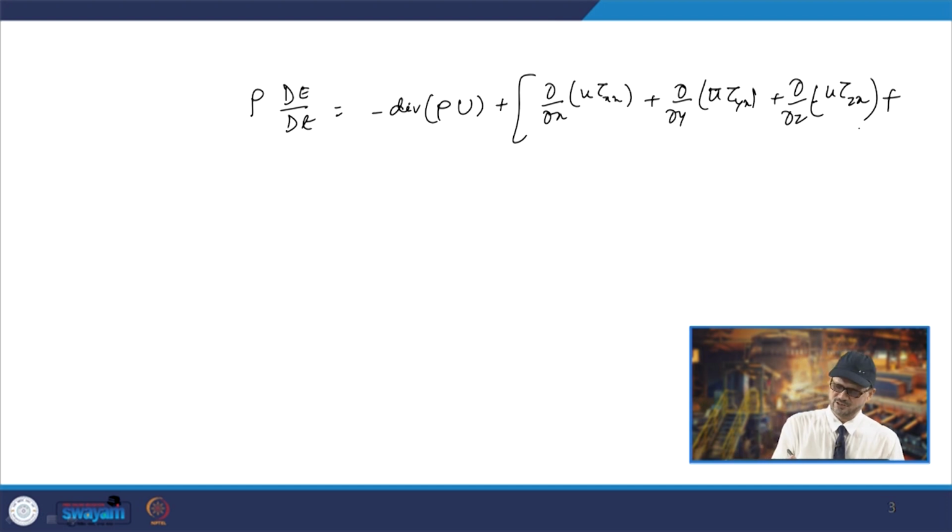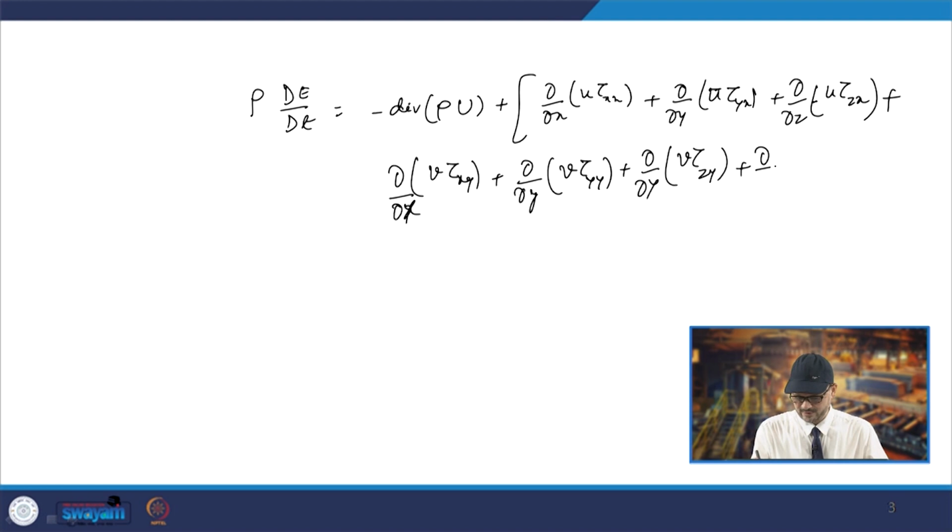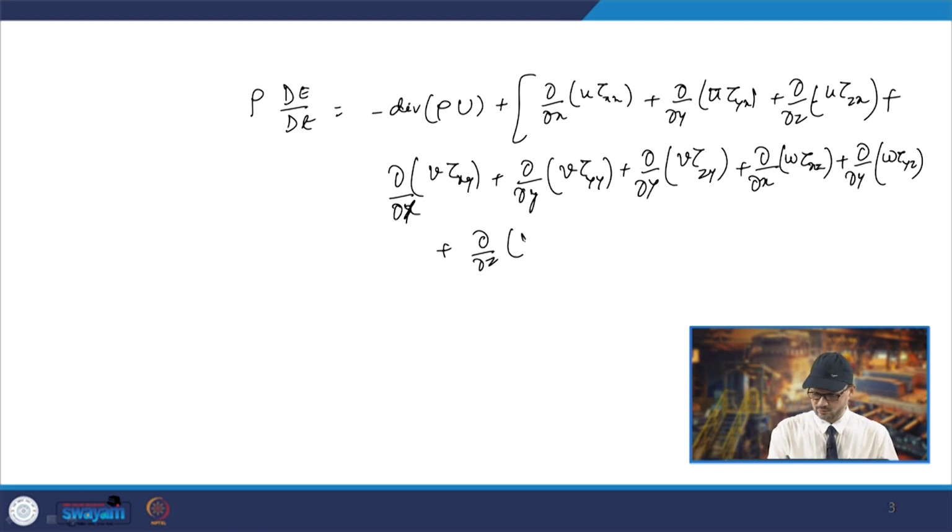That way you got all these terms, like dou by dou x of v tau xy, then dou by dou y of v tau yy, and similarly dou by dou z of v tau zy, and then for the z component dou by dou x of w tau xz, then dou by dou y of w tau yz, and dou by dou z of w tau zz.